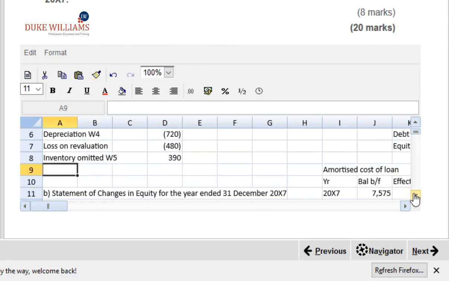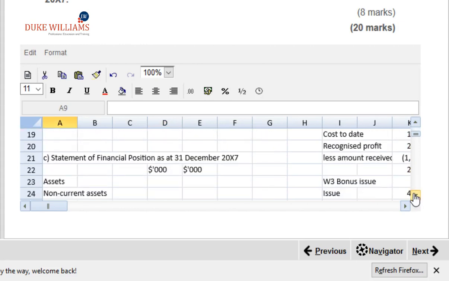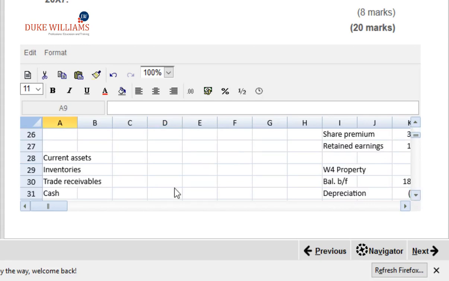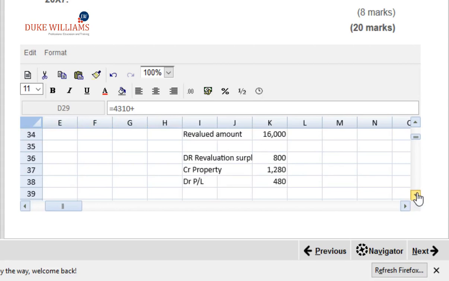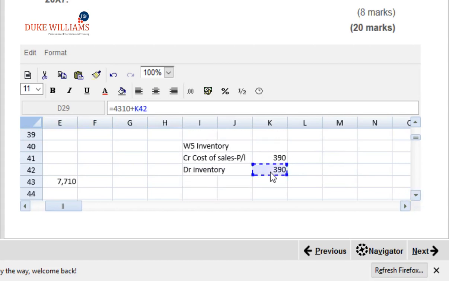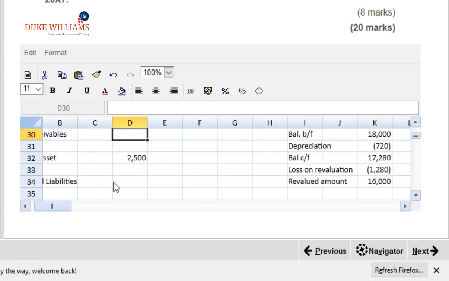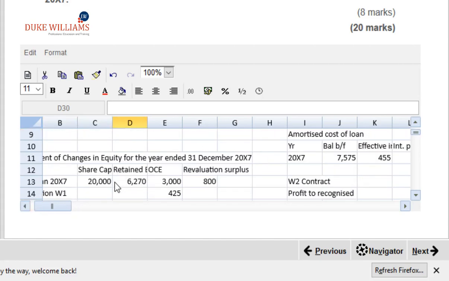Then the effect on the inventory, let's do that quickly in the financial position, and this should be in cell D, equal to let's see the inventory value here. The inventory value here is 4310 on the trial balance, so plus this. So that should be our inventory, and look at it.